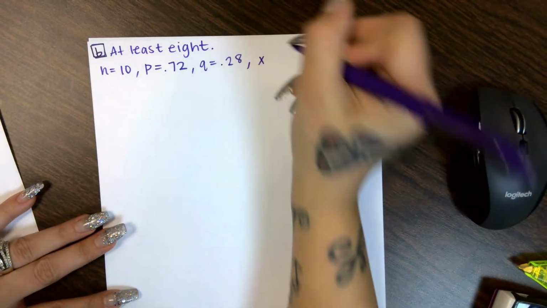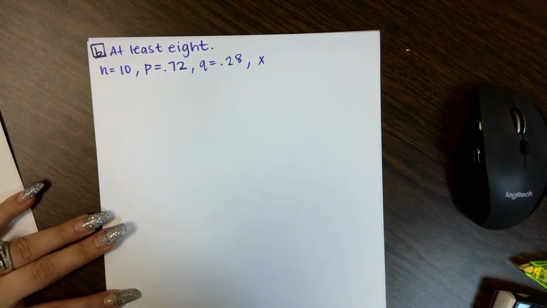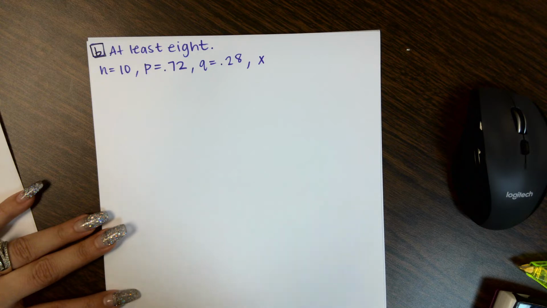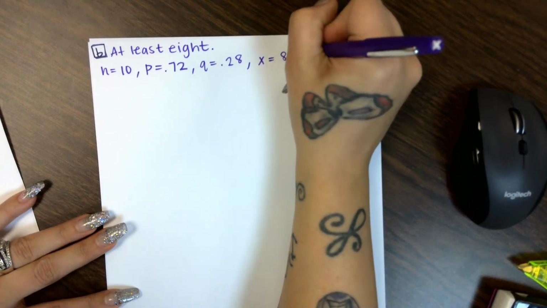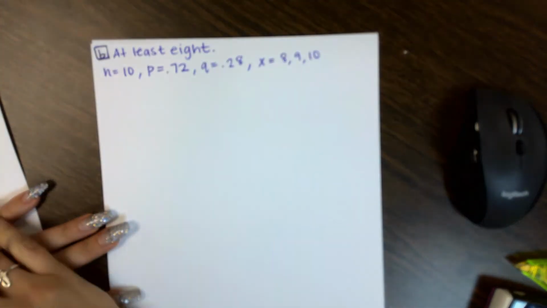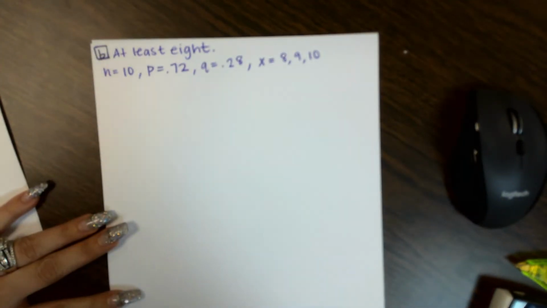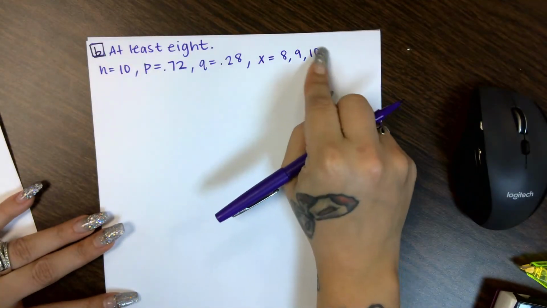Okay, I need to think about this for a second, because if it is going to be at least 8, that means that 8 is the least amount, which means it's the smallest, right? So at least 8 would mean I start at 8 and I go up until N, which is the number of trials. This is at least 8.